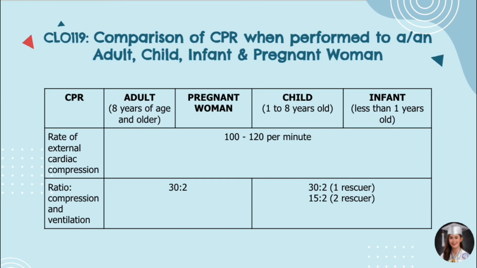However, when a second rescuer arrives to help with CPR on children or infant, the ratio changes from 30:2 to 15:2. So that is it for the comparison of CPR when performed to an adult, child, infant, pregnant woman. Thank you.